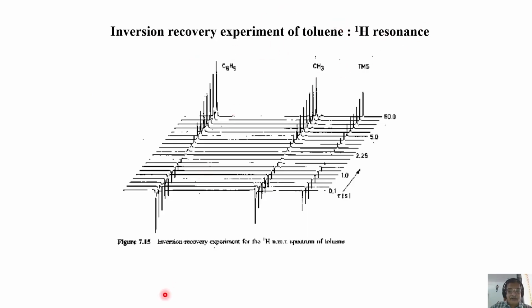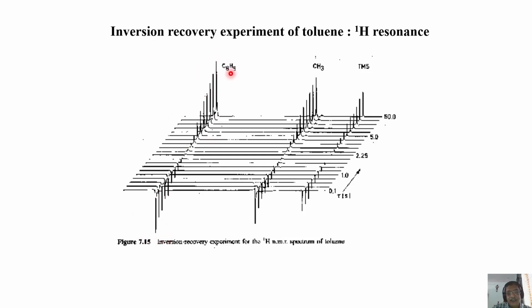For example, in a toluene molecule, first invert the signal. There are three types of proton, benzene protons and CH3, and this is TMS. See, it inverted here, slowly starts getting positive, to maximum. And this one and this last one should have equal intensity. That means the thermal equilibrium magnetization was brought to minus Z, slowly it goes back to the original equilibrium.